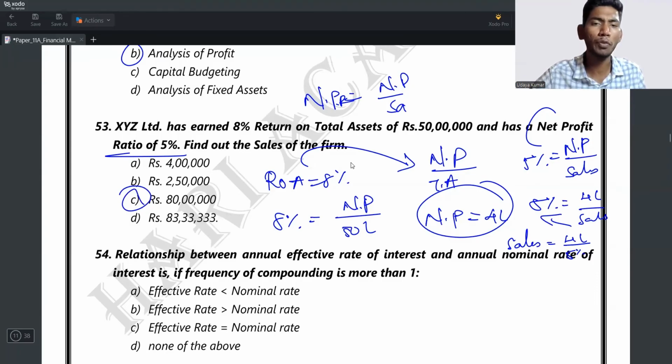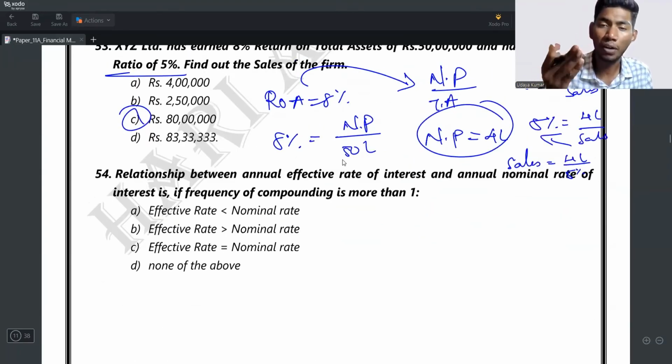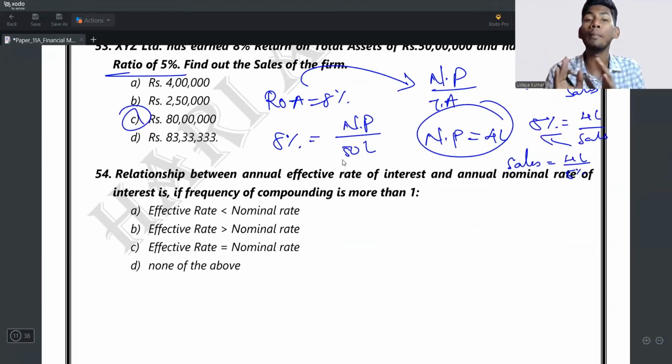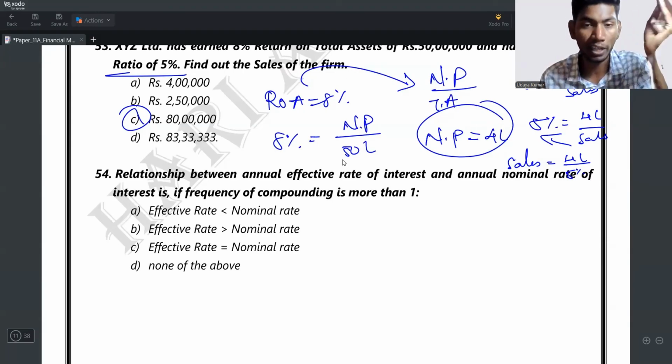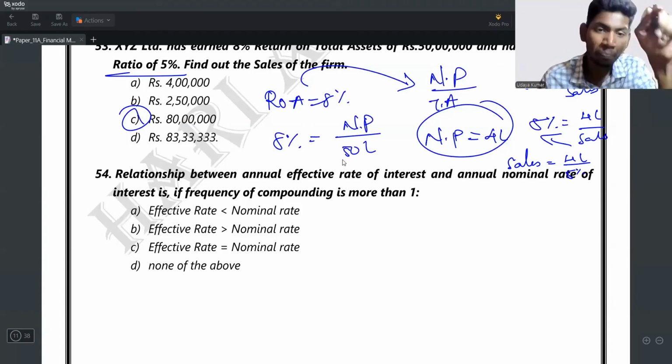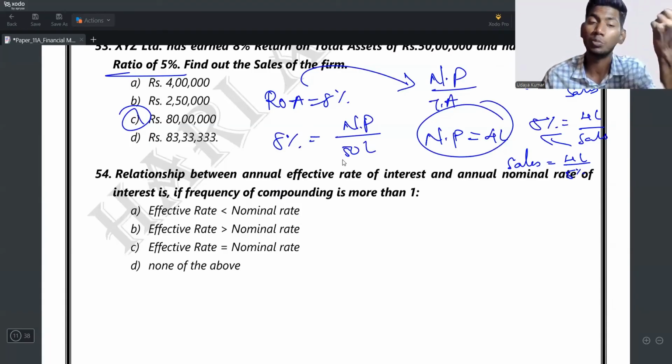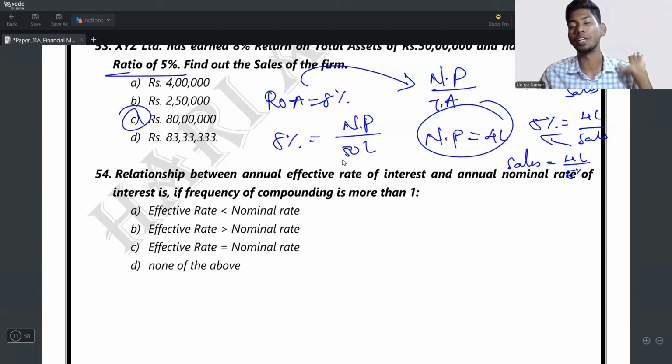Moving to question number 54: the relationship between annual effective rate of interest and annual nominal rate of interest if the frequency of compounding is more than 1. These types of questions we have discussed in our live sessions, right? It's quite easy. Option A, effective rate is less than nominal rate. Option B, effective rate is greater than nominal rate. Option C, effective rate is equal to nominal rate. Option D, none of the above.